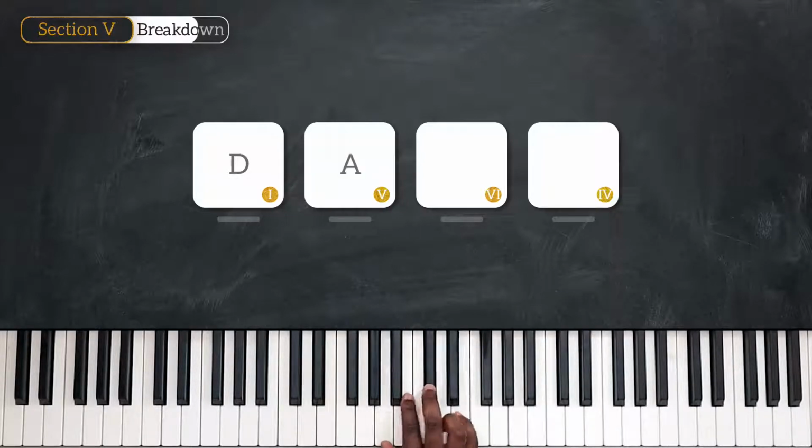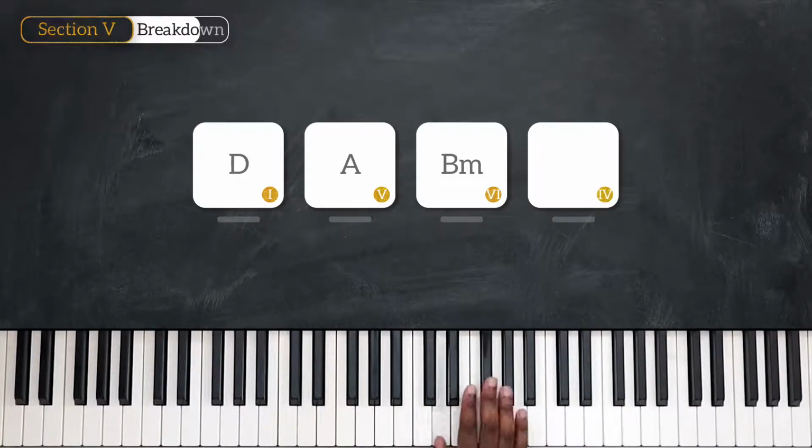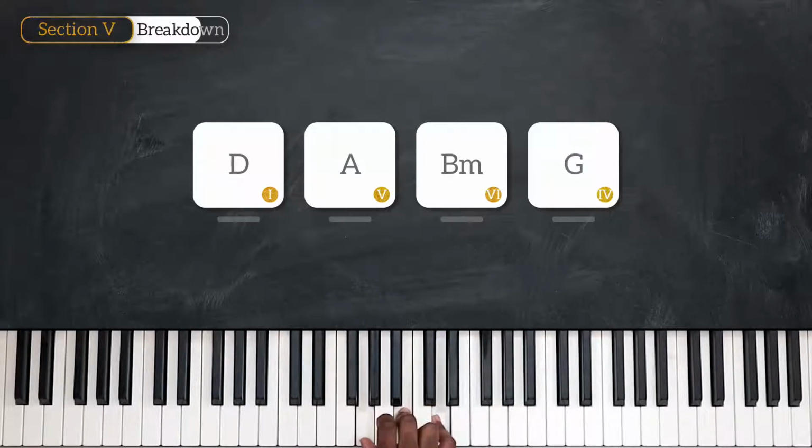Then you have the 6. 1, 2, 3, 4, 5, 6, that's B. And in the formula, the 6th chord is a minor, so play B minor. And finally, we have 4. 1, 2, 3, 4. We have G. And we know that the 4 chord is always major.